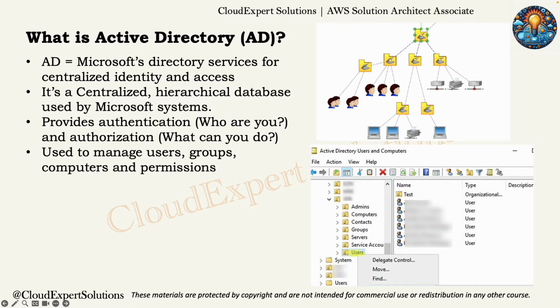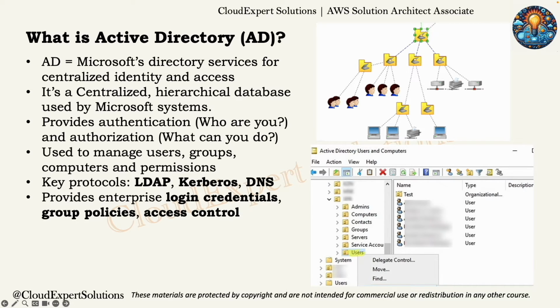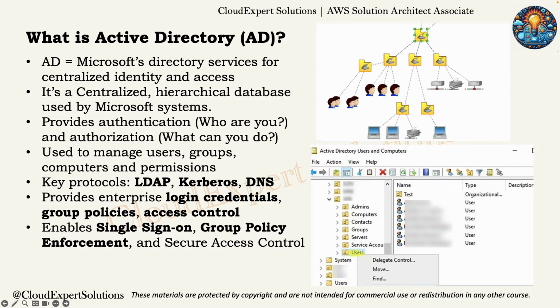It also supports authentication protocols like LDAP, Kerberos, and DNS. And Active Directory is the backbone of enterprise identity systems. It provides login credentials, group policies, and access controls. It enables single sign-on, group policy enforcement, and secure access control.